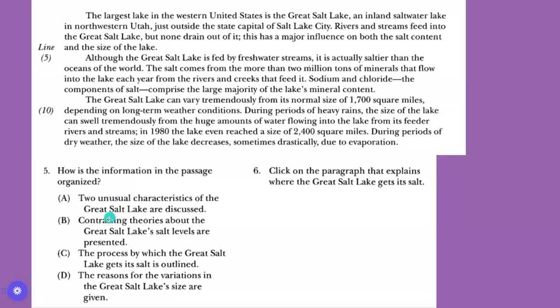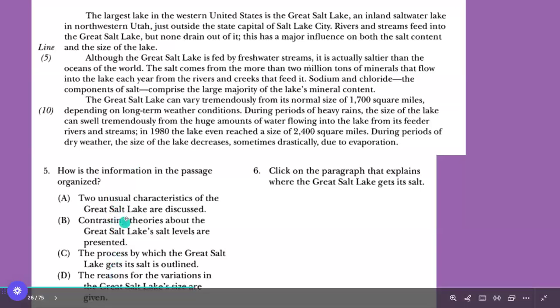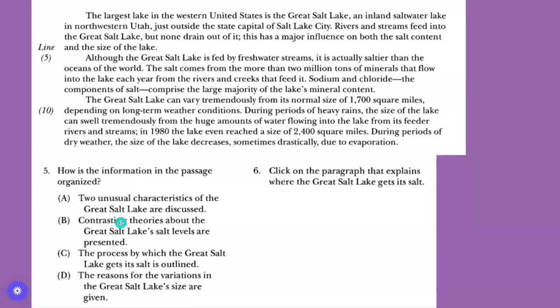So right away, I'm left with 50% of the options. I already eliminated 2, I have 2 more. And then I have here the word contrasting. Contrasting means showing the differences, which here the word although could be a distractor for this answer because I know that this word shows contrast, shows a difference.